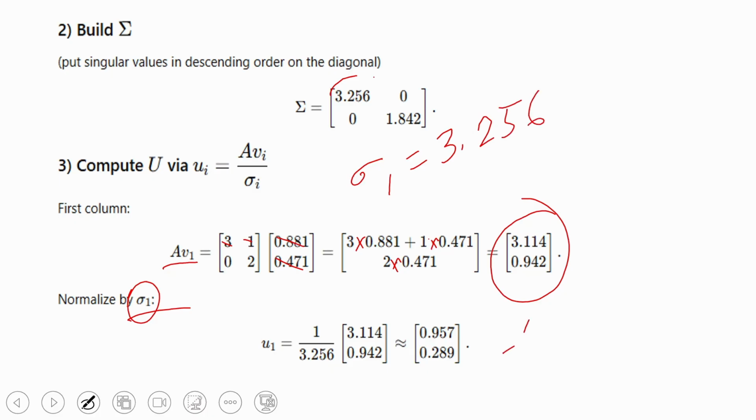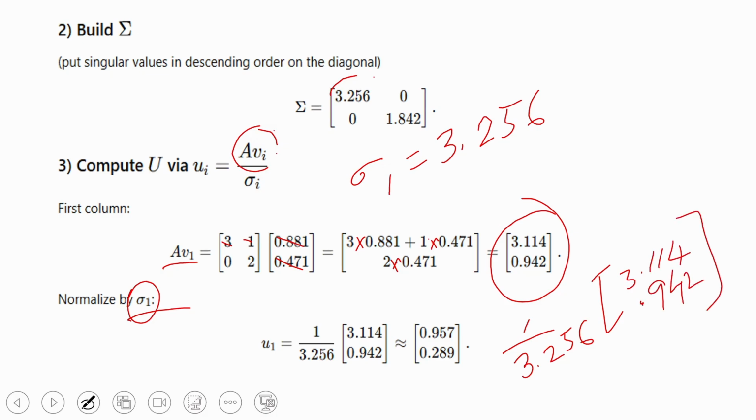So 1 divided by 3.256 into AV1, that is 3.114, 0.942. By simplifying, you will get a matrix like this.